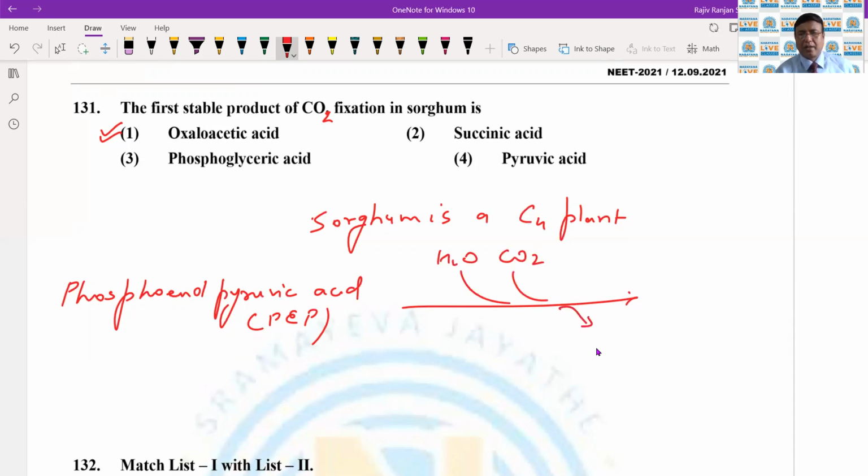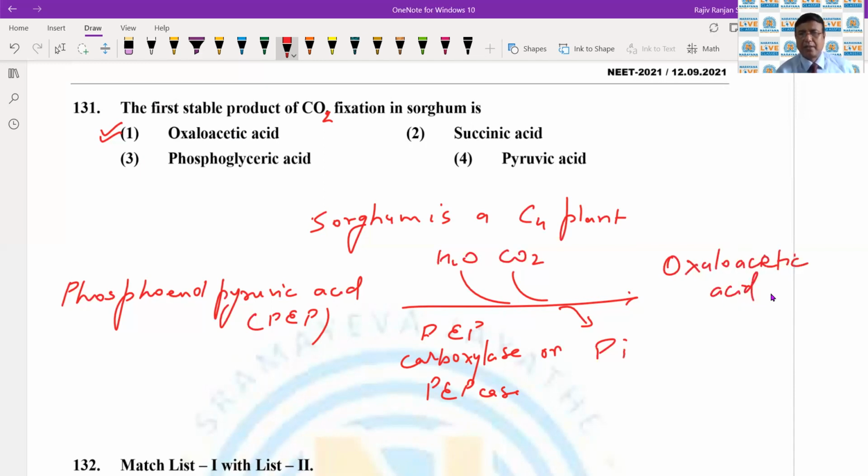And one inorganic phosphate is given out in presence of the enzyme PEP carboxylase. And the first stable product, oxaloacetic acid, is formed, which is actually a 4-carbon compound. Whereas it is a 3-carbon compound in the C3 cycle. So this is why it is called the C4 cycle.